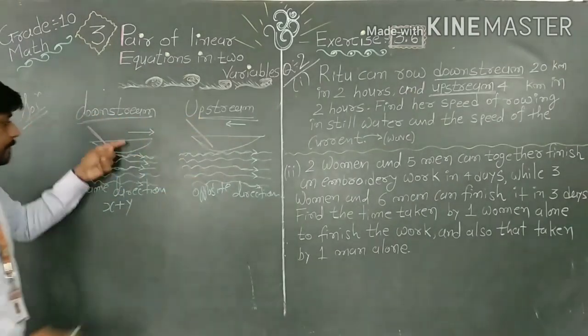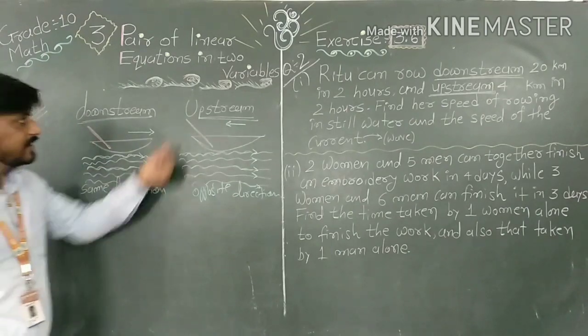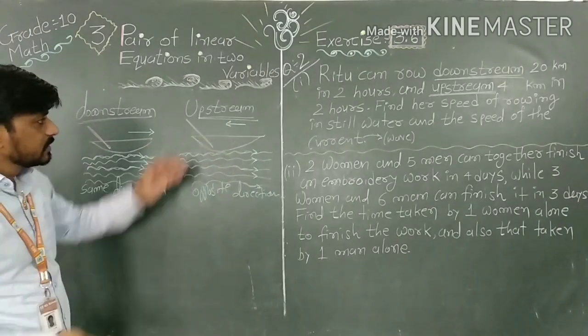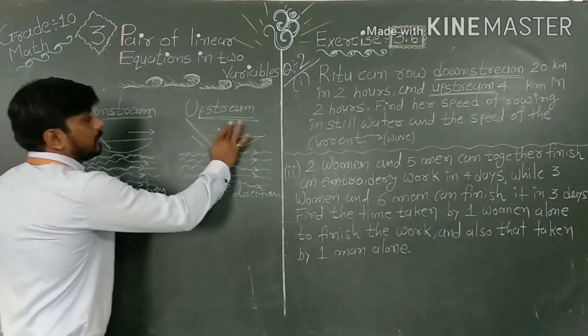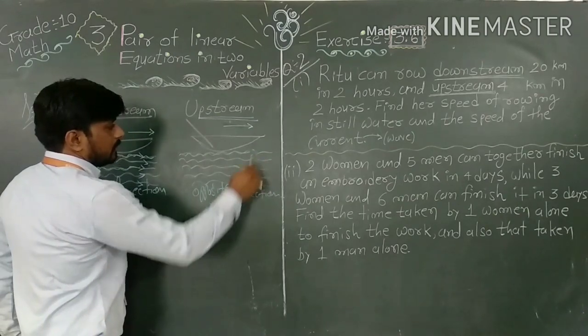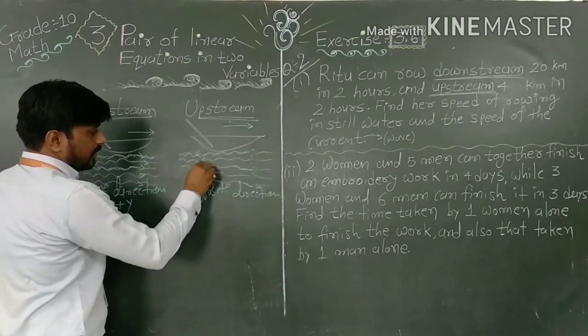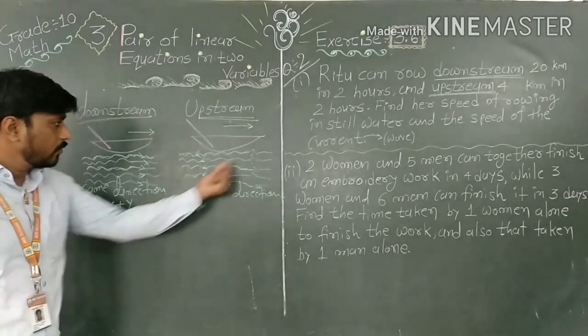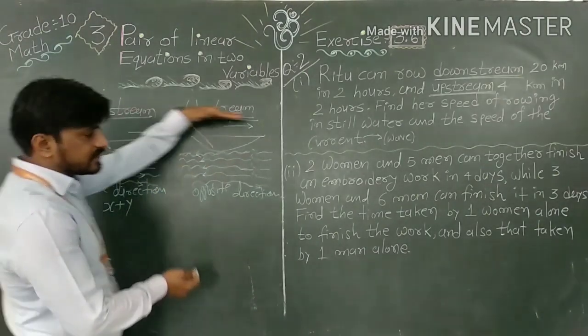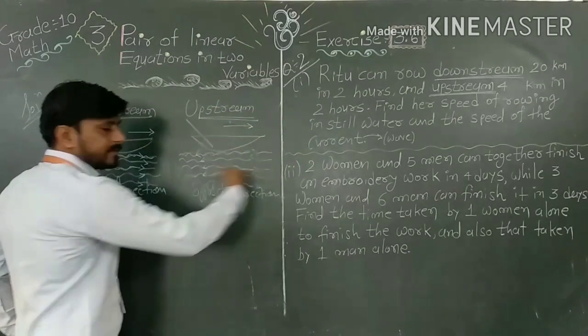While in upstream, our boat goes this way and the current or wave goes to the left side, so it is the speed of this one minus the speed of this one.